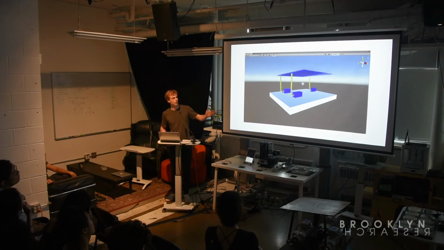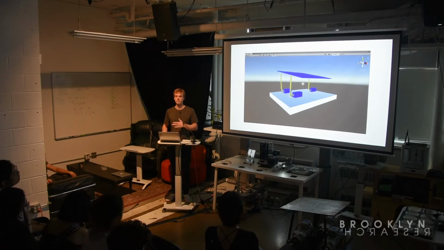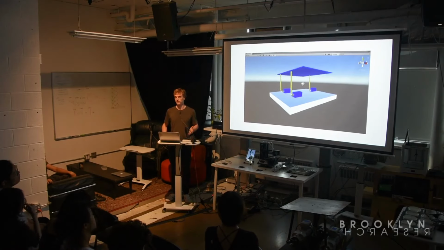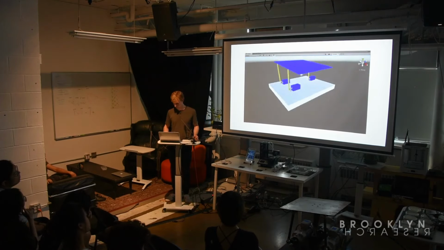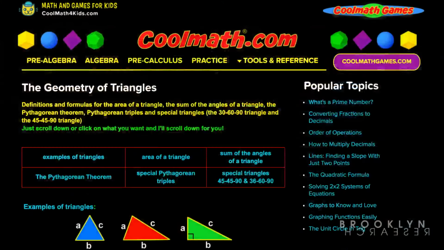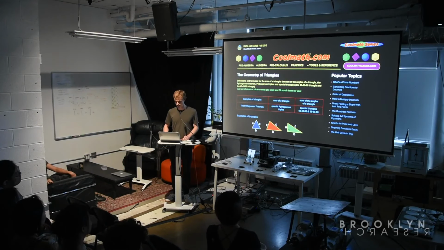So this Unity model helped me figure out what those mappings would be from a desired movement to a set of three motor movements. I found myself spending a lot of time on websites like this for middle and high school math, and relearning all of the trigonometry behind how to turn desired hypotenuse into different angles for the actual motors.